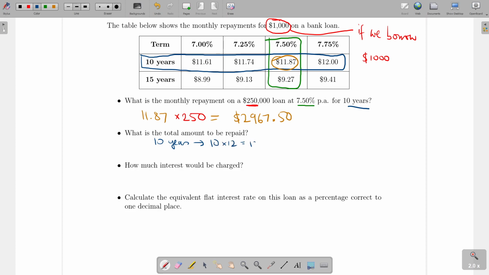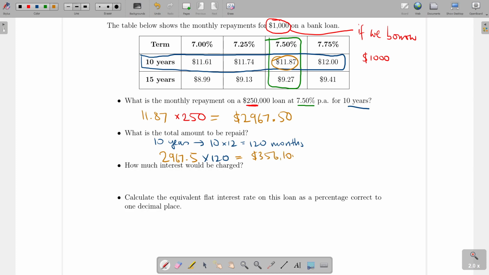So if we need to pay 2,967.5 each month for 120 months, then we could just multiply: 2,967.5 times 120, and that's going to give us $356,100.